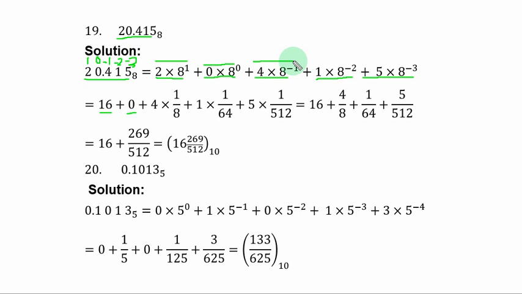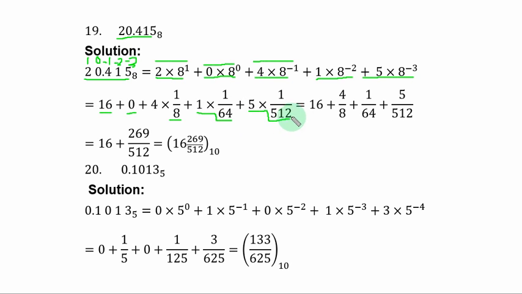Then 4 times, you convert 8 power 1 to 1/8. Then plus 1 times 8 power of -2 as 1/8 square, that is 64, plus 5 times 8 power of -3 as 1/8 cube, and that is 1/512.